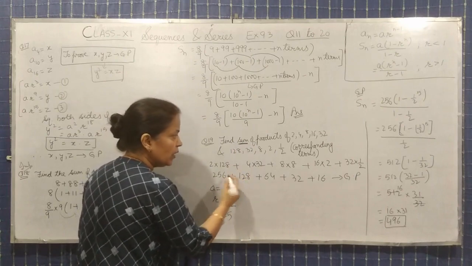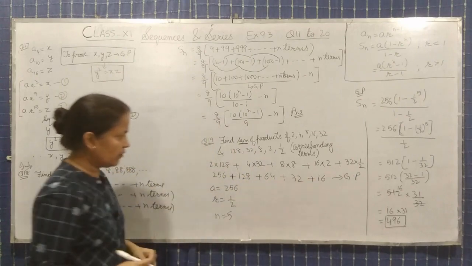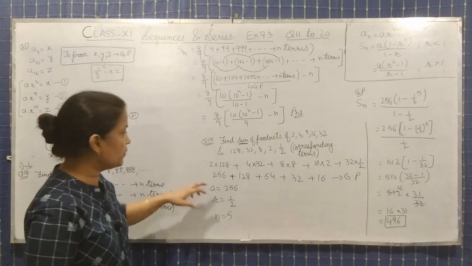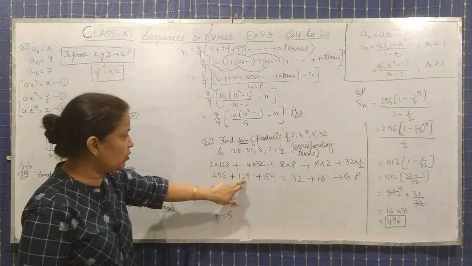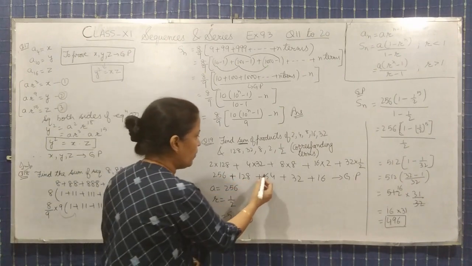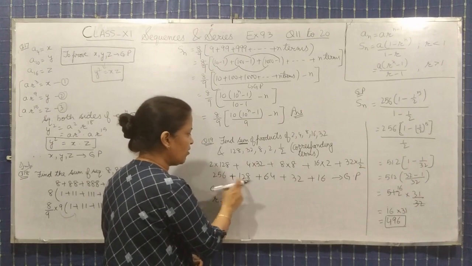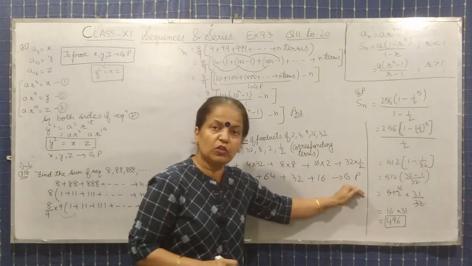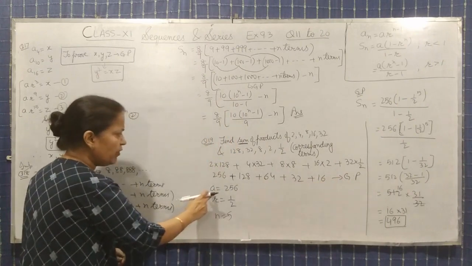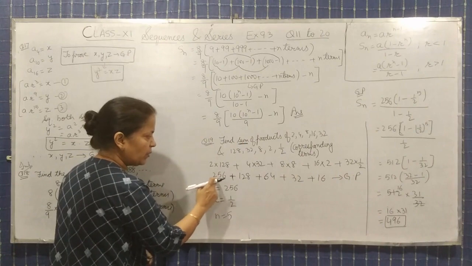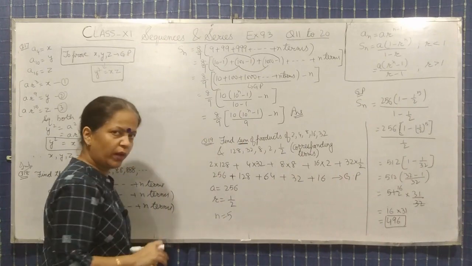So now observe this. You have to see whether the series is AP or GP. If you divide second upon first, third upon second, you will get its ratio as 1/2. So it forms a GP. First term is 256. R you are getting 128/256, that is 1/2.